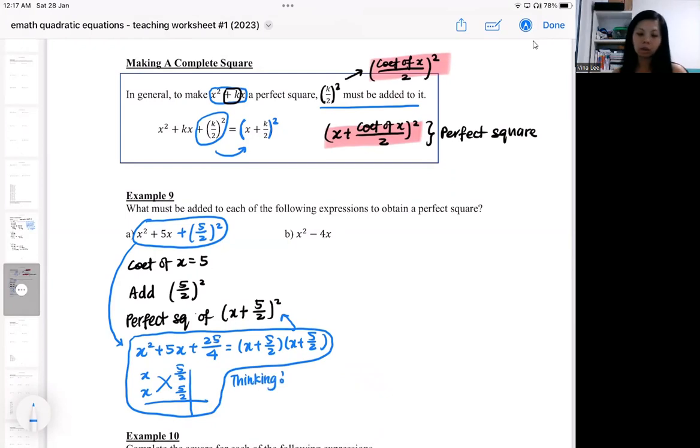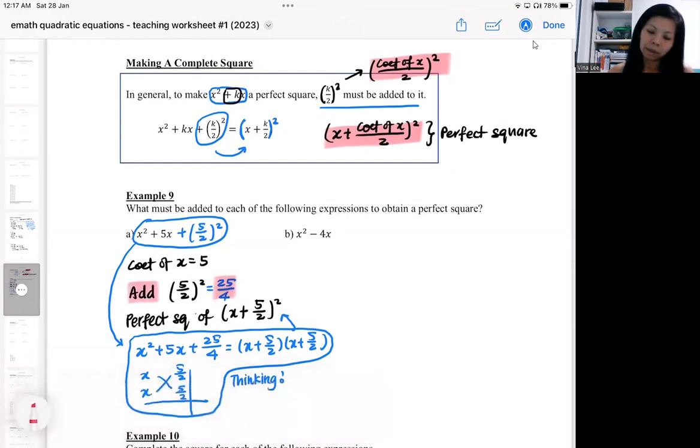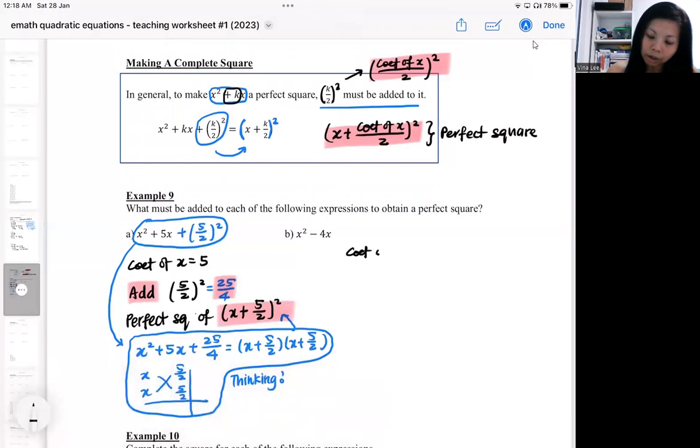Okay, so to answer the question, for part A, I am adding this and I will get the perfect square. So I am adding this and I will be getting this as the perfect square. Let's look at the next question. In the next question, the coefficient of x is -4.